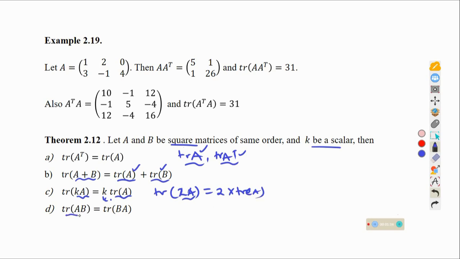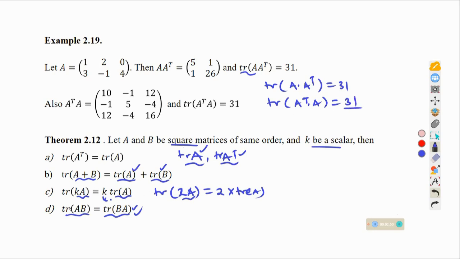And lastly, the trace of A times B will be the same as the trace of B times A. We have already looked at this, because we took the trace of A times A transpose and obtained 31. Also, when you look at the trace of A transpose times A, you realize that it is still 31.